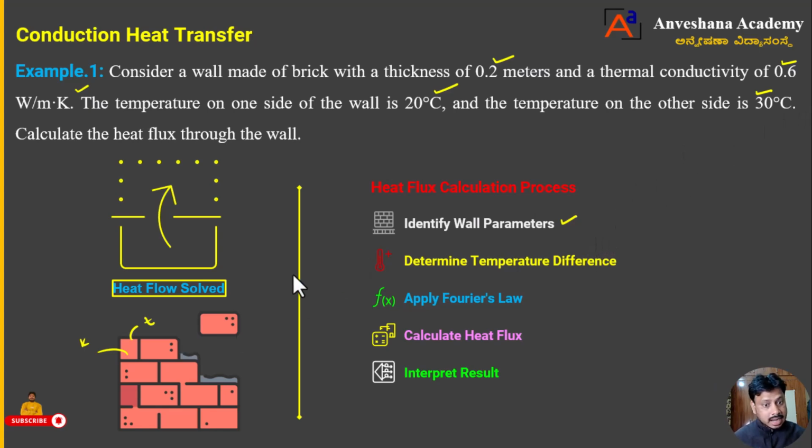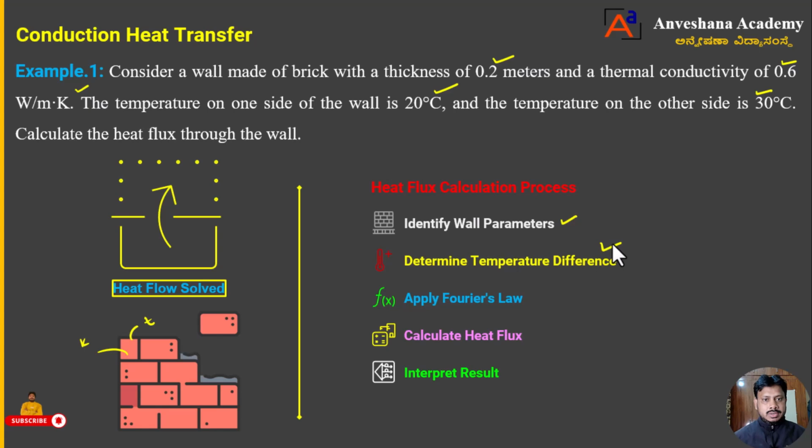I have to list out the wall parameters. Second, the wall has two temperatures, so I have to list out the wall temperatures: the higher side is 30 degrees Celsius and the lower side is 20 degrees Celsius.